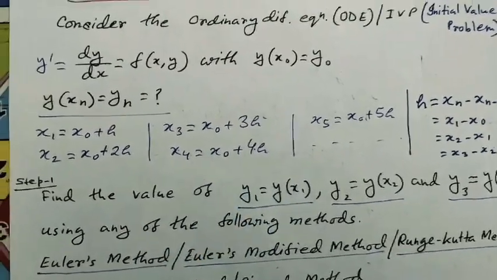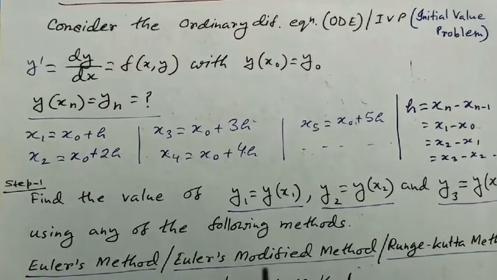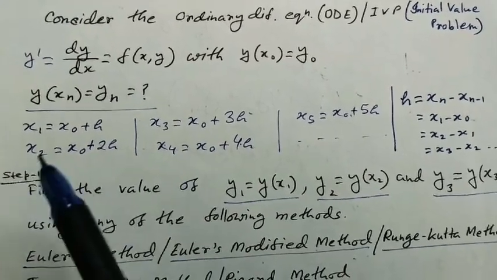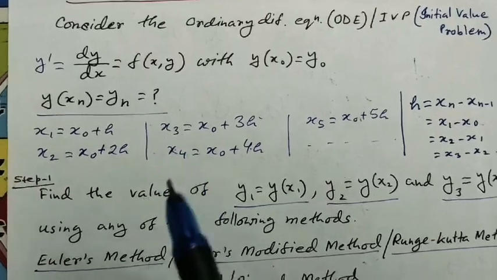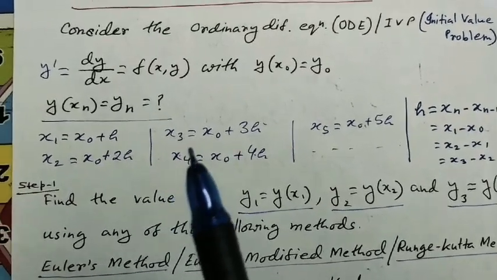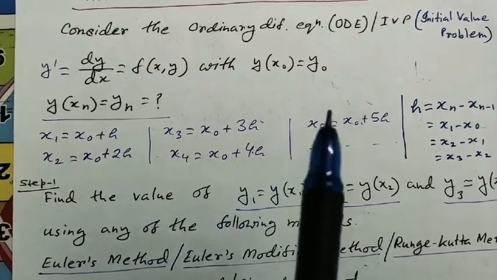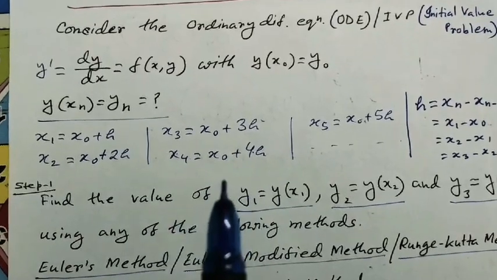For that we have to find the values of x1, x2, x3 and x4, at least up to x4. The value of n may be 5 or 6, but at least 4 must be there.